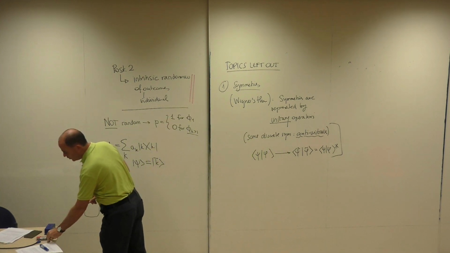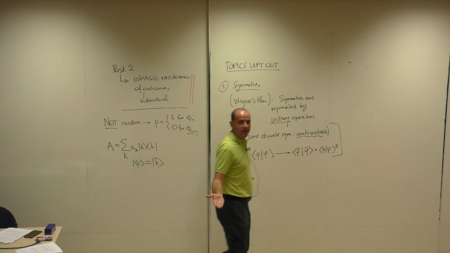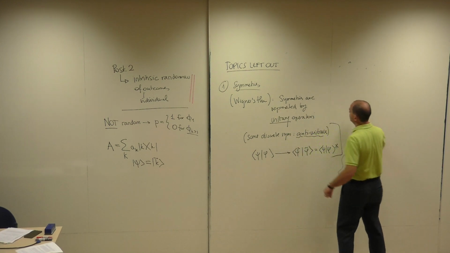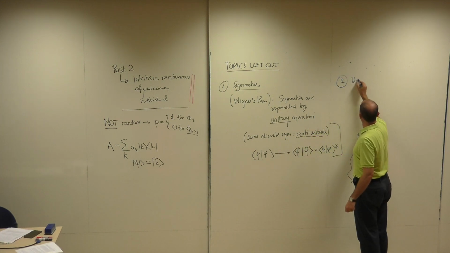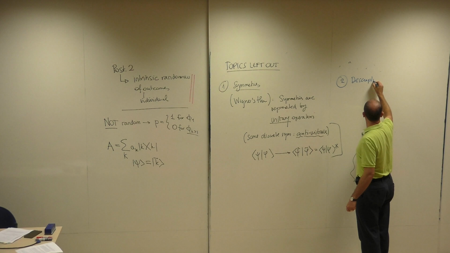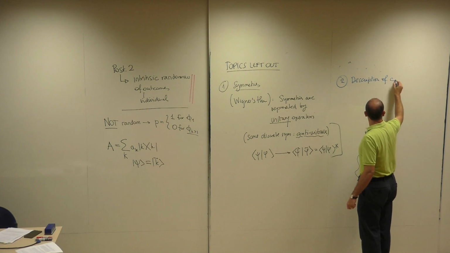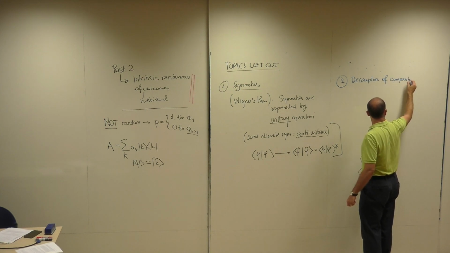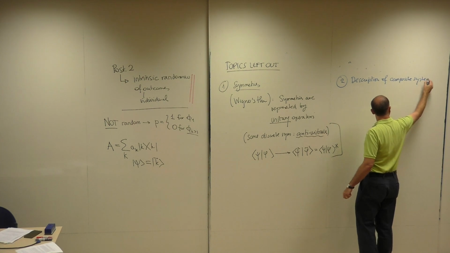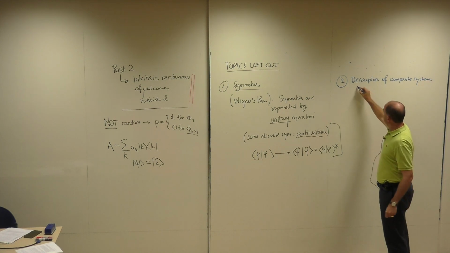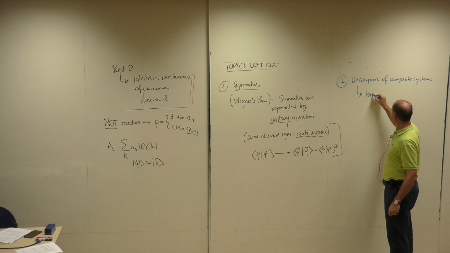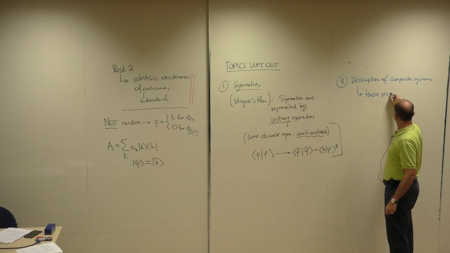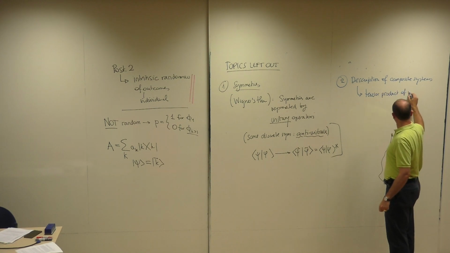The second topic I will not mention, unfortunately, and I'm sorry for this, because it's a very interesting topic, is the description of composite systems. This gives rise to the notion of tensor product of vector spaces.